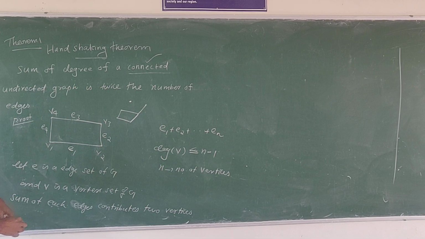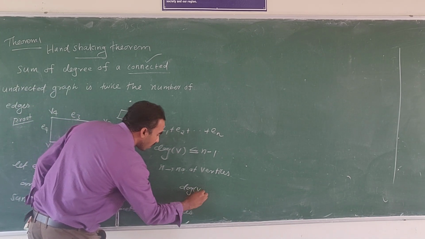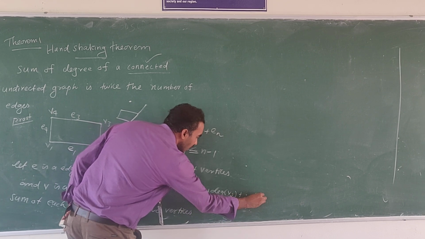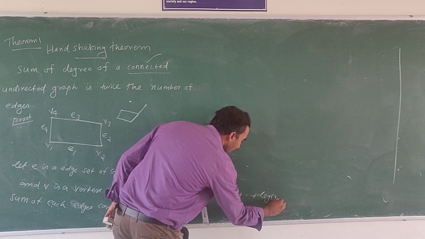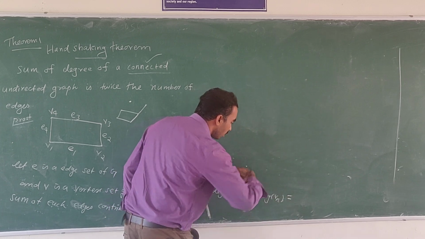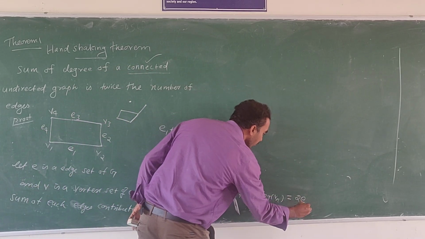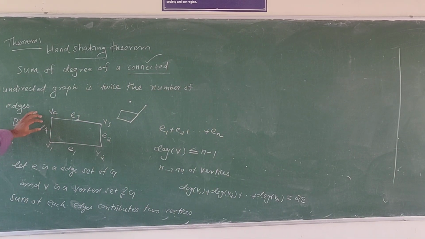Listen, degree of V1 plus degree of V2 plus etc. plus degree of Vn equal to twice the edges. Listen here. What is the degree of V1? 2.